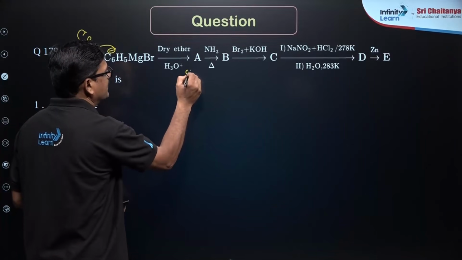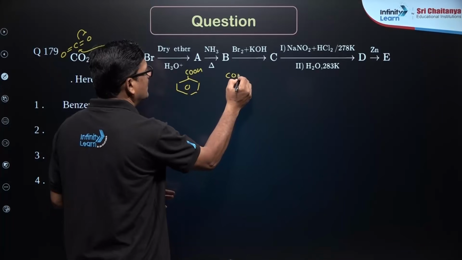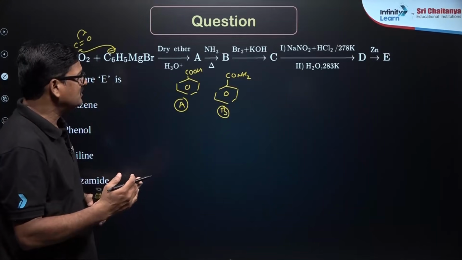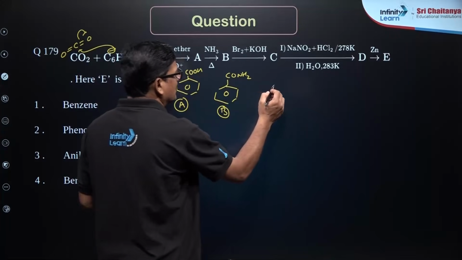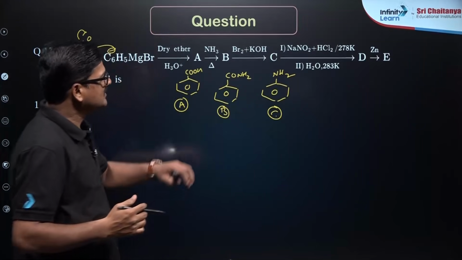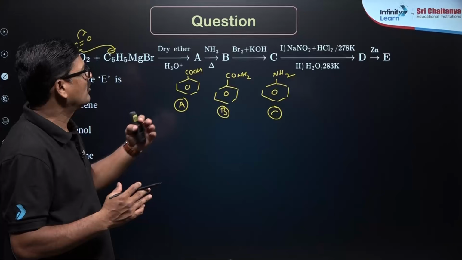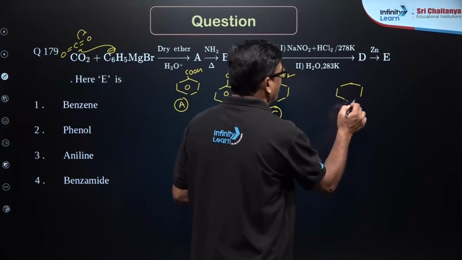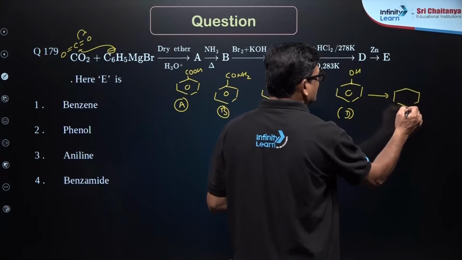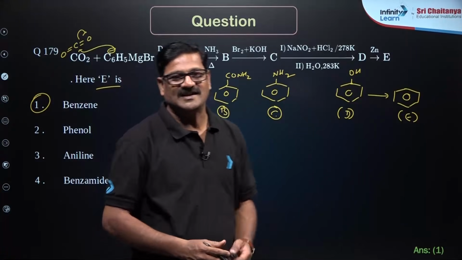This is A. It is treated with ammonia and heated, and CONH2 is formed, which is your B. It is treated with KOH and Br2, and you get aniline by Hofmann bromamide degradation, which is your C. It is treated with NaNO2 and HCl, forming benzene diazonium chloride, followed by hydrolysis, which gives phenol, and this is your D. D is treated with zinc, reduction takes place, and you get benzene, which is your E. So E is nothing but benzene, and option 1 is the correct answer for this question.